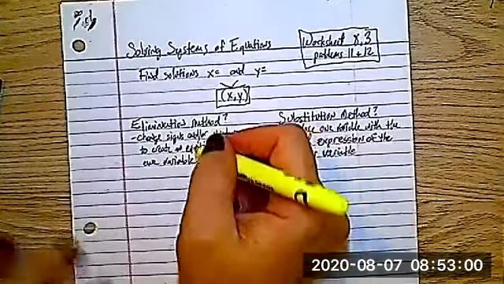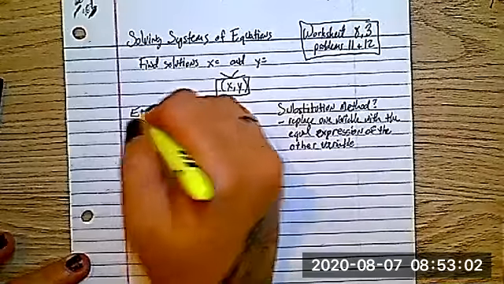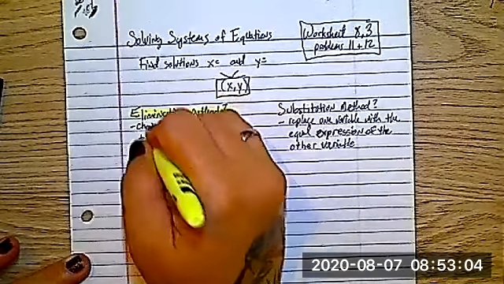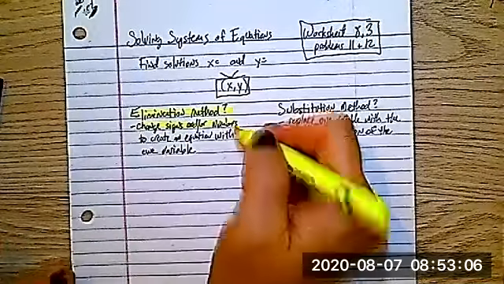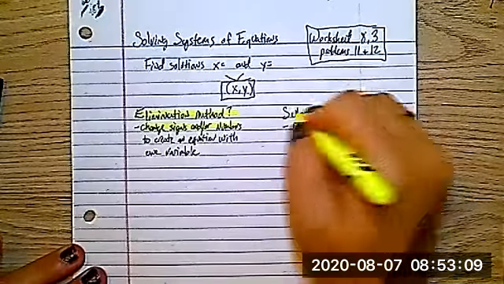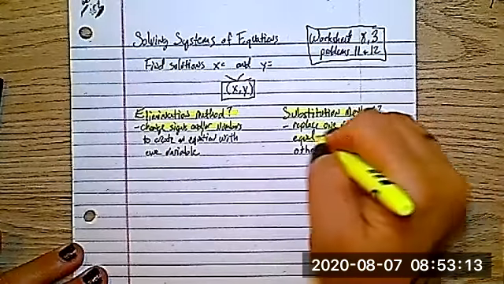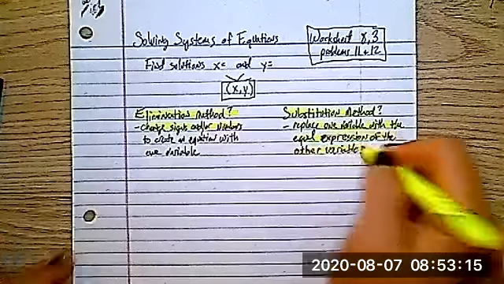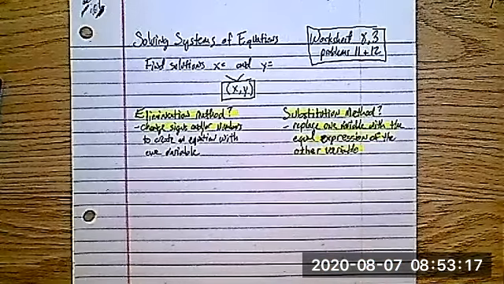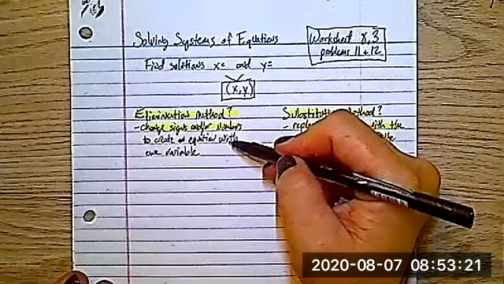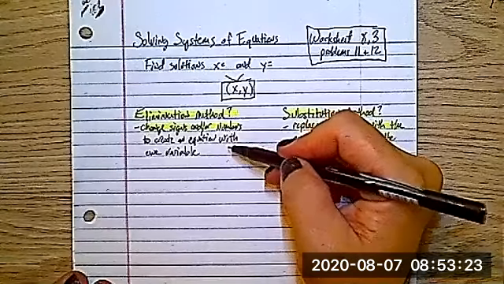Remember, we've got a choice, and you can choose any way you want to do it. Elimination, you're going to change the signs of the numbers. For substitution, replace one variable with the equal expression of the other variable. And both of those have that goal of creating an equation with one variable.